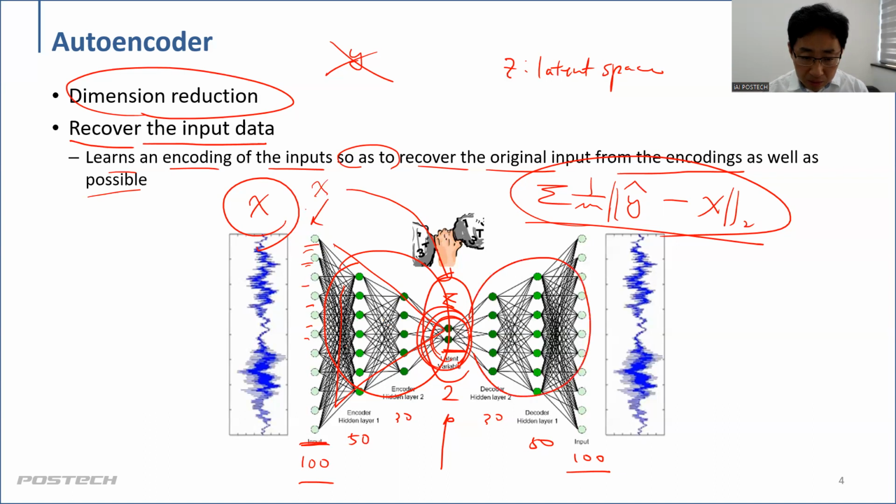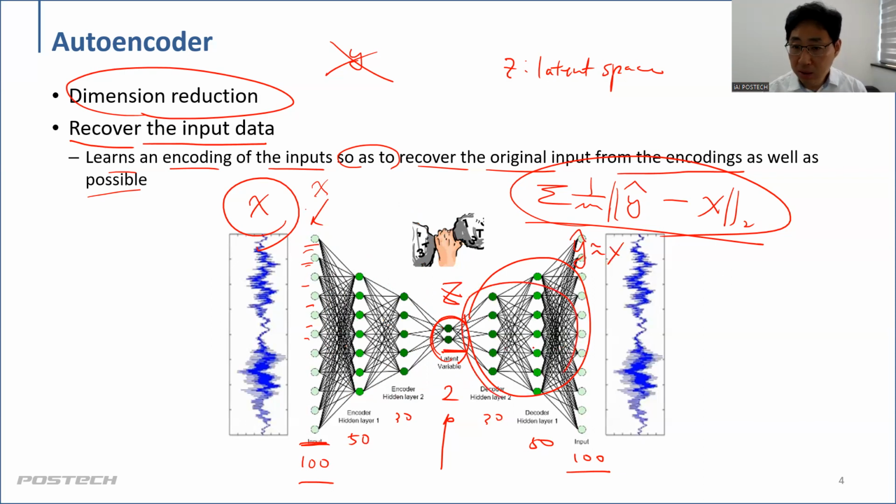And in the later, downstream part, starting from Z to X hat equal to X, from here we call it the decoder. That means from the Z space, the latent space, we have to reconstruct, we have to build, we have to recover.